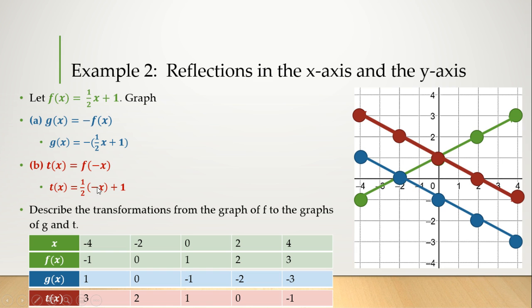Whereas in B, notice the numbers in the red line and the numbers in the f of x line. Hopefully you've noticed they're exactly the same, just in a different order. And that's because of this negative. If I put in this negative into this equation, I'd get a negative of a -4, which is just a +4.